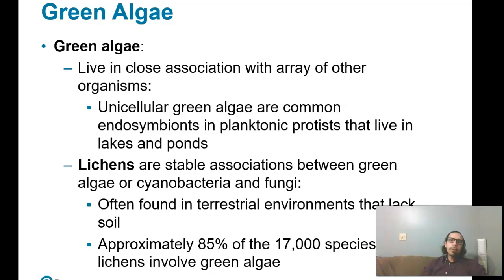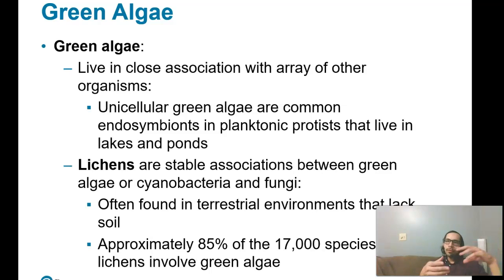So green algae live in close association with various other organisms. The unicellular green algae are common endosymbionts in planktonic protists that live in lakes and ponds. And then you also have things like lichens, which are an association between green algae or cyanobacteria and fungi.